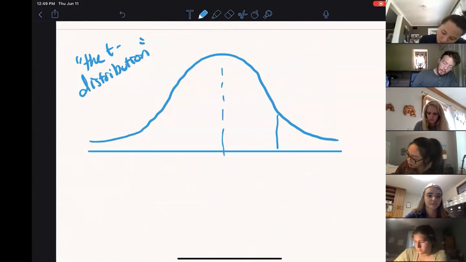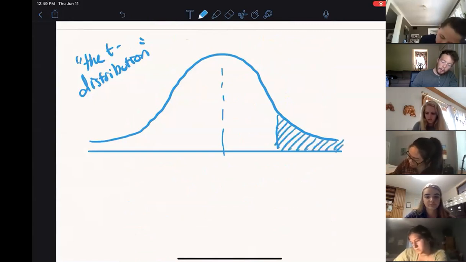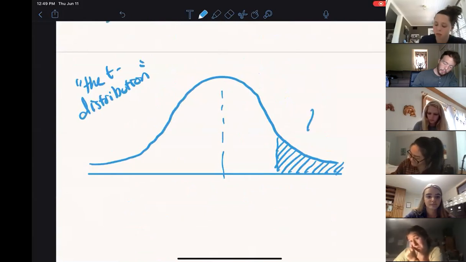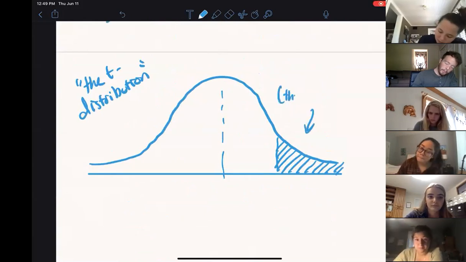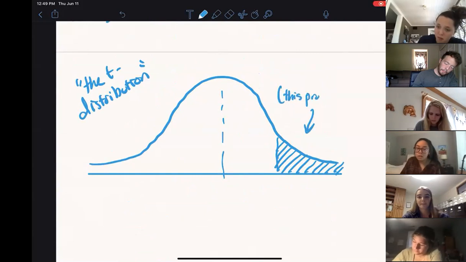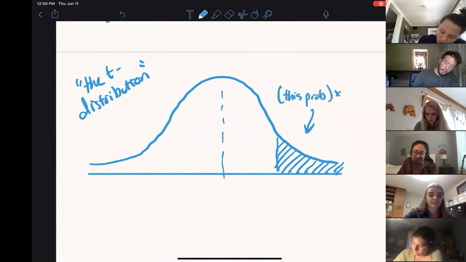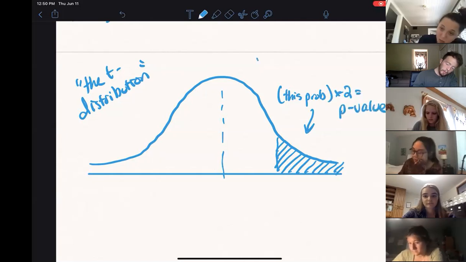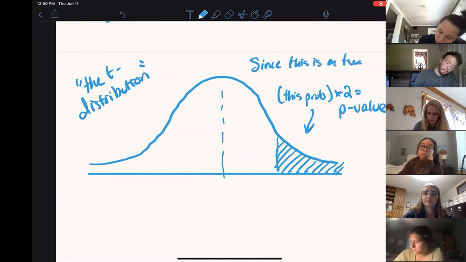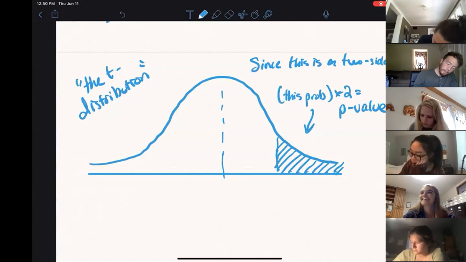The t-distribution is centered here. We want to find the upper tail probability, just like we found it before on the normal. We want to take this probability and times it by 2 to get the p-value. And this is since this is a two-sided hypothesis test.